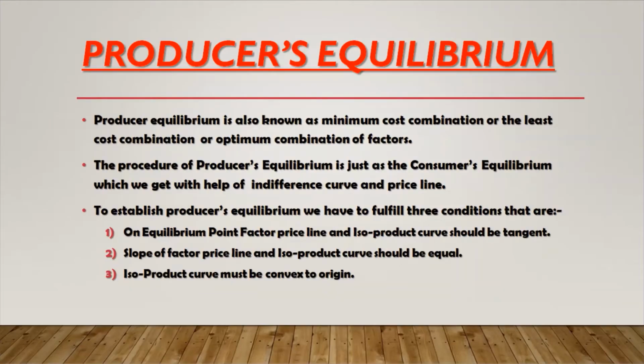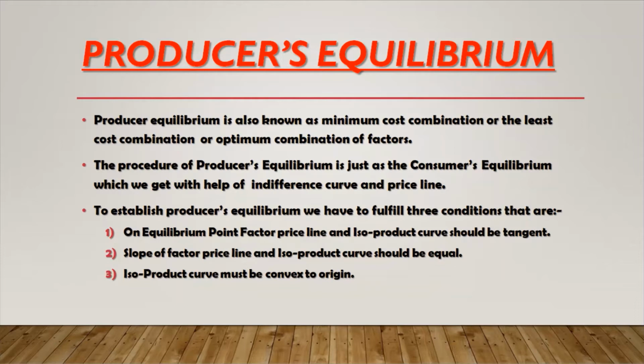Now we will see producer's equilibrium. Producer's equilibrium is also known as minimum cost combination or least cost combination, or we can call it optimum combination of factors. The procedure of producer's equilibrium is just like the consumer's equilibrium, which we get with the help of indifference curve and price line.